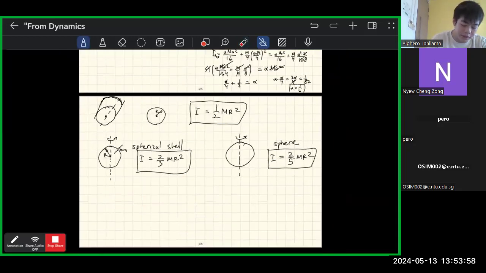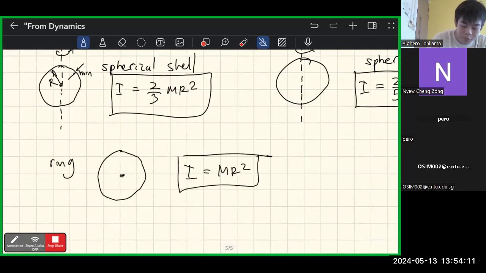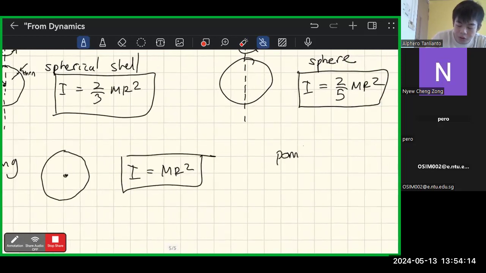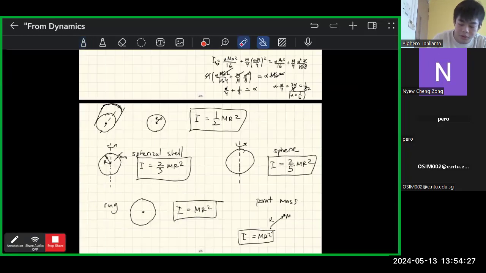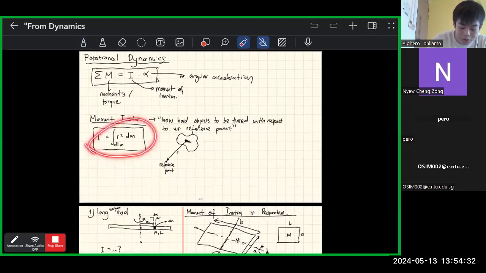And if you have a ring, the moment of inertia is going to be m r squared. It's the same as a point mass. If you have a point mass with mass m at distance r, the I is also m r squared.